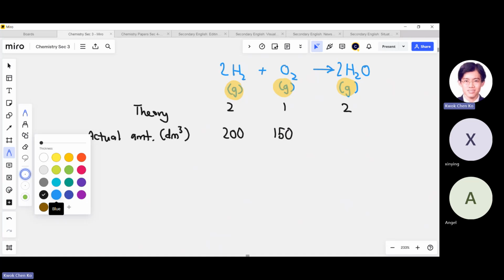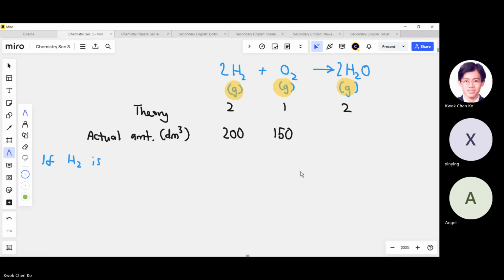You can follow what I'm writing. Just use the same procedure. If H2 is limiting, all the H2 will be used up. So how much O2 do I need? I need 100. Do I have 100 O2?